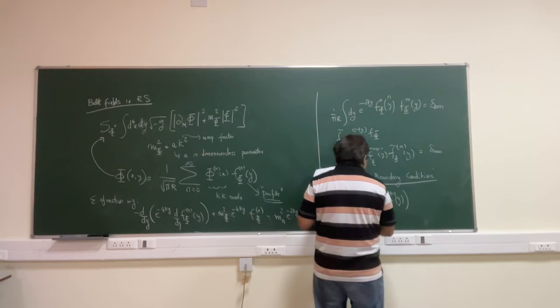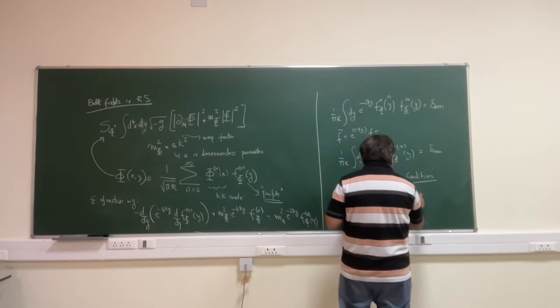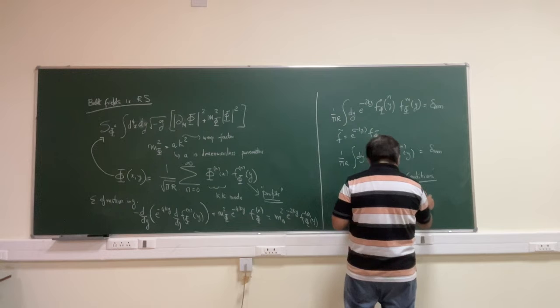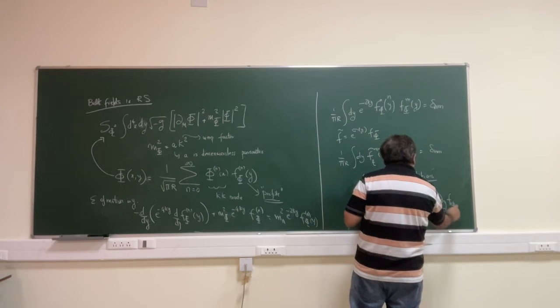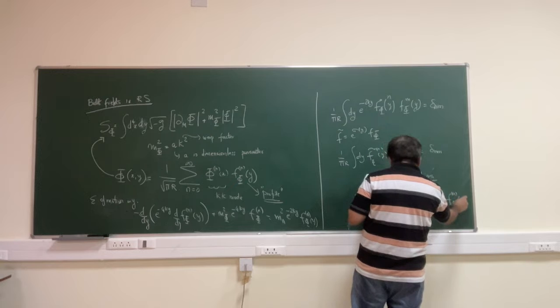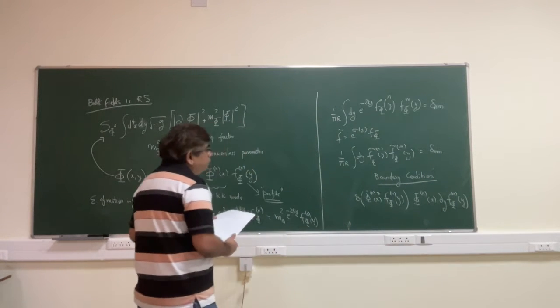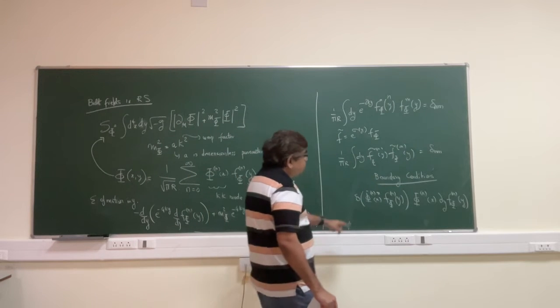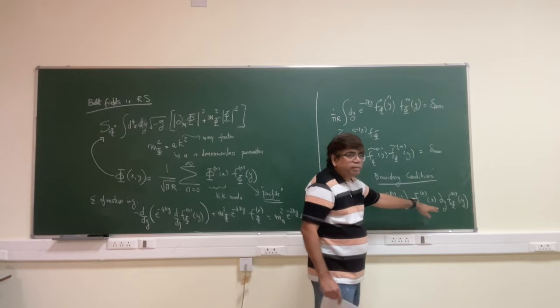So you have these cross terms, delta terms, which will multiply something like phi_n of x ∂_y of phi of y. So at the boundaries, you have terms of this type, which are a combination of the delta functions plus this term.